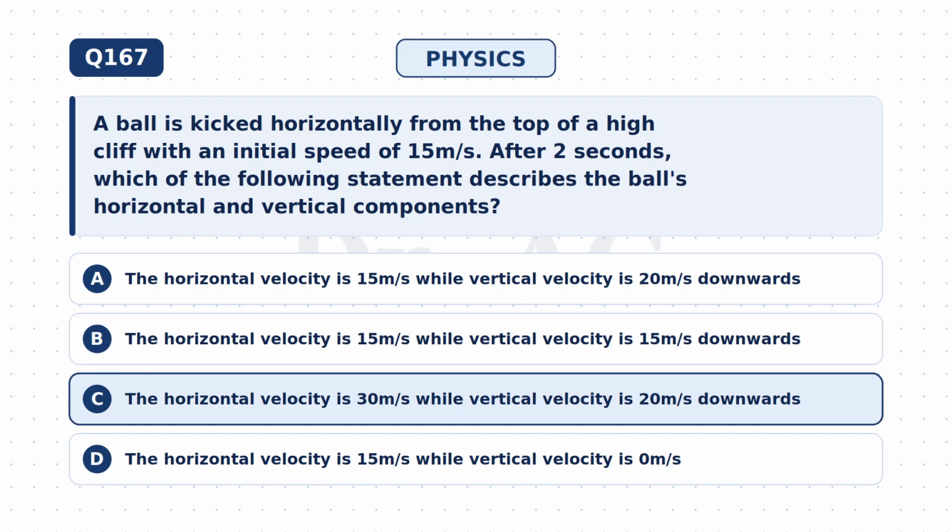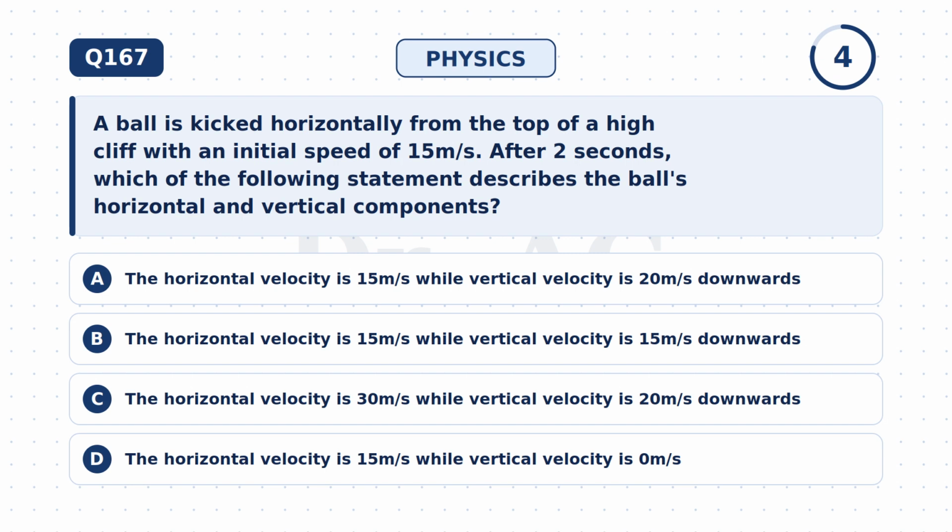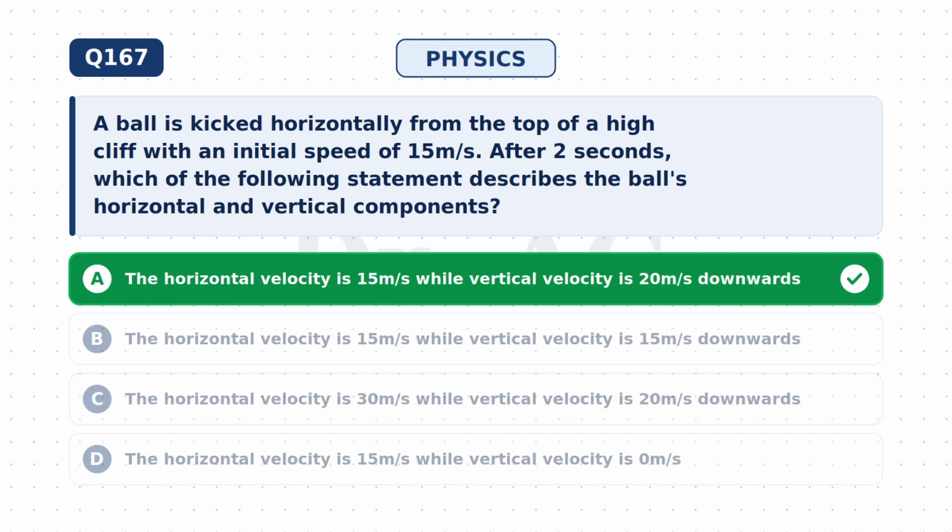Option C, the horizontal velocity is 30 meters per second while vertical velocity is 20 meters per second downwards. Option D, the horizontal velocity is 15 meters per second while vertical velocity is 0 meters per second. The correct answer is A. The horizontal velocity is 15 meters per second while vertical velocity is 20 meters per second downwards.